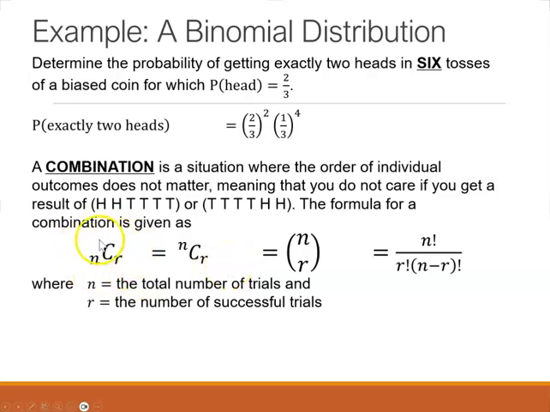On your calculator, the notation looks like nCr. I don't know who does it this way, probably the people in Europe or something. Most commonly in a textbook, you'd see it written this way. It kind of looks like a fraction, but there's no horizontal fraction bar. Make sure if you're using this notation you don't put a fraction bar, because all of a sudden you've changed it from a combination to just a fraction.